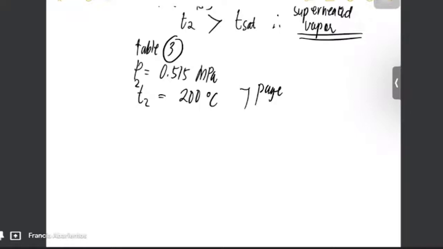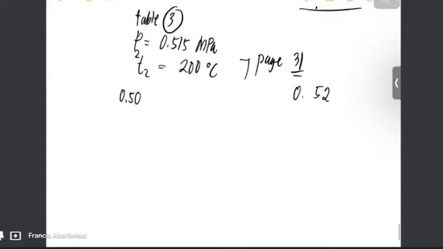Okay, take note. Punta ka sa page 31. Makikita mo sa taas is 0.5 and 0.52. So, yung pinapahanap sa atin is 0.515 MPa.